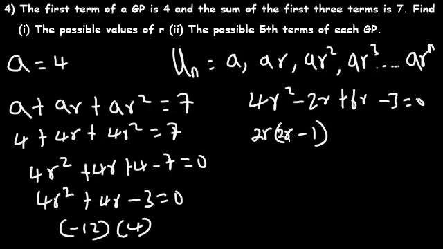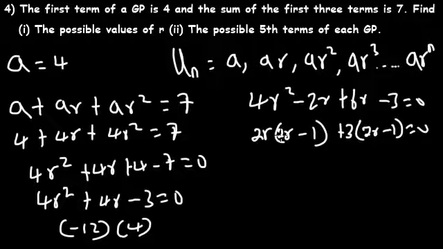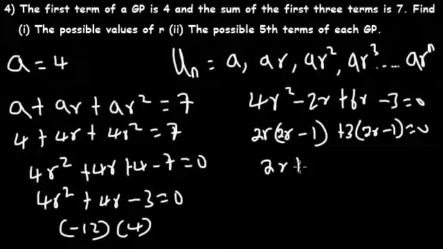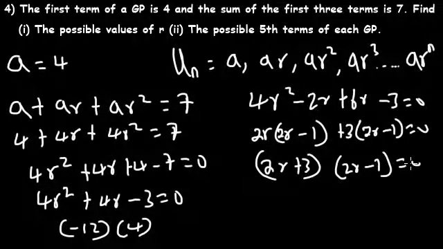This will be 2r plus 3 in the bracket of 2r minus 1 equals 0. You know, 2r times 2r gives you 4r squared, so I made a mistake while factorizing. So let's take the GCF: 2r plus 3 multiplied by 2r minus 1 equals 0.